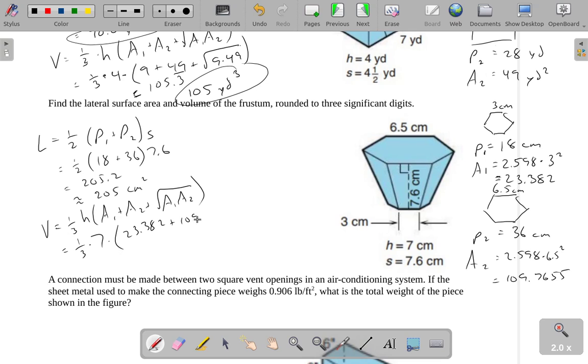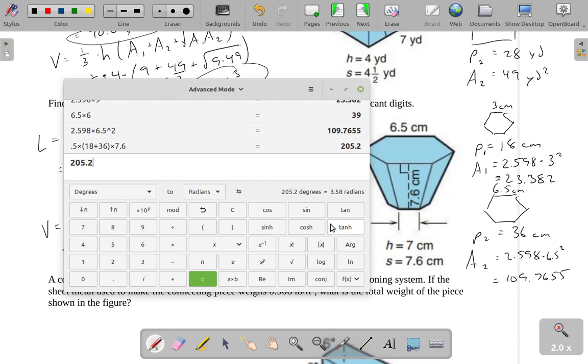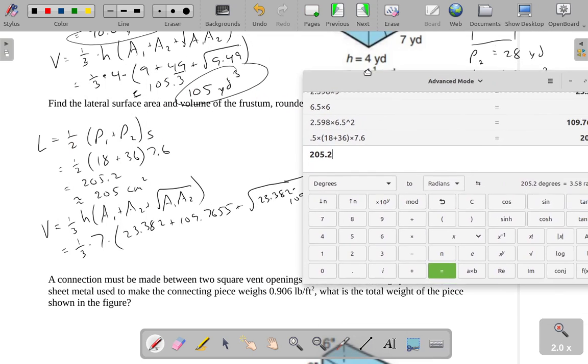A2 is 109.7655. And then I have the square root of 23.382 times 109.7655, all underneath the square root. Again, I want to point out I'm not rounding these numbers in the middle of the problem. I want to wait until the very end to do any rounding to minimize the errors that I create when I round.